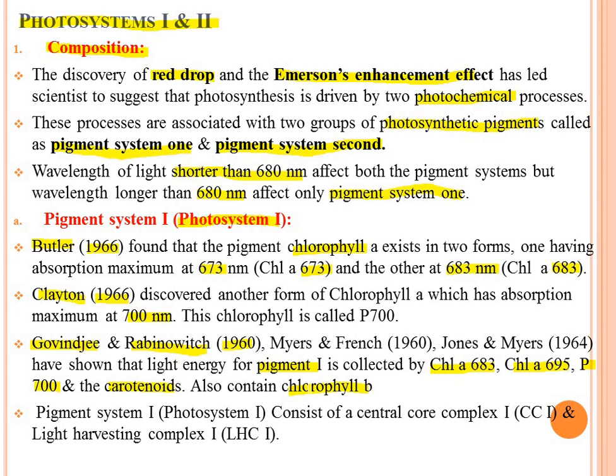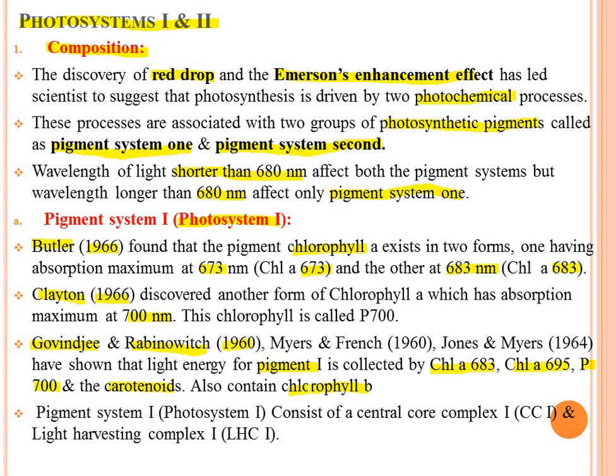The water molecule, H2O, gets converted into 2 H plus, 2 electrons, plus half an oxygen molecule, and these electrons are excited by that light and accepted by the next acceptor, that is pheophytin. This is actually the role of chlorophyll A.